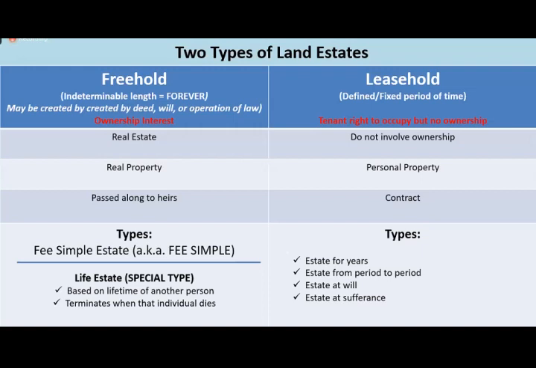Okay, so on the left-hand side, if you're in your book, you're going to see a graph there. And under freehold estates, you're going to see your fee simple estates, right? And then underneath that, you'll see fee simple absolute and fee simple defeasible.